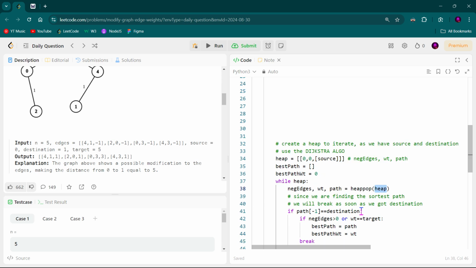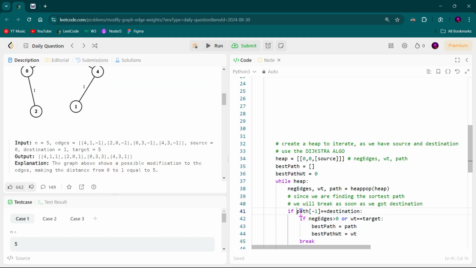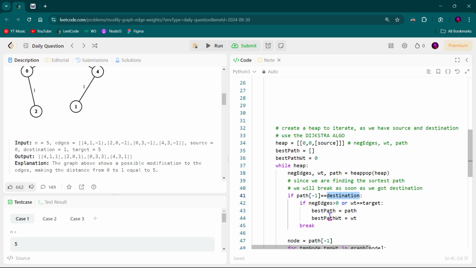Now, what is this path saying? The last node in the path will tell me on which node I am. If I'm here, this would be the path. If I'm there, it would be 0. So if my current node is equal to destination, I will break.